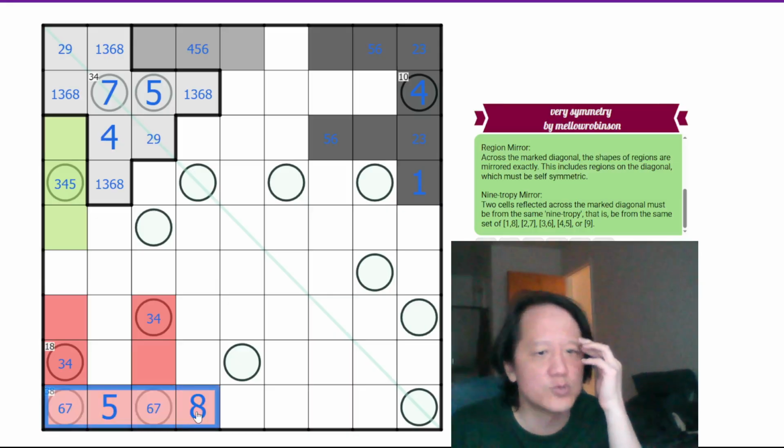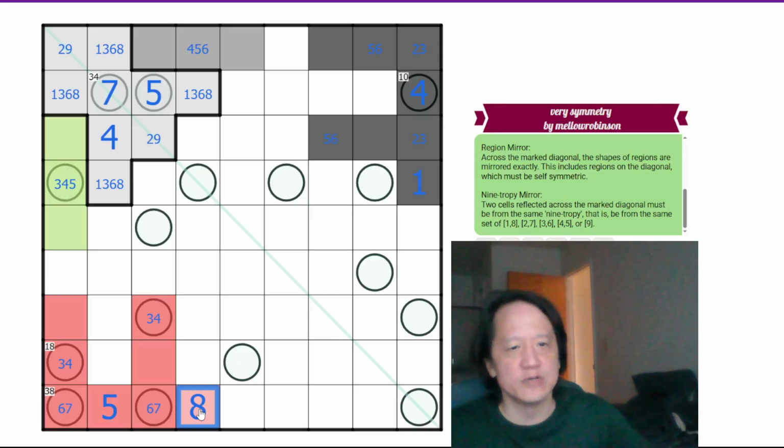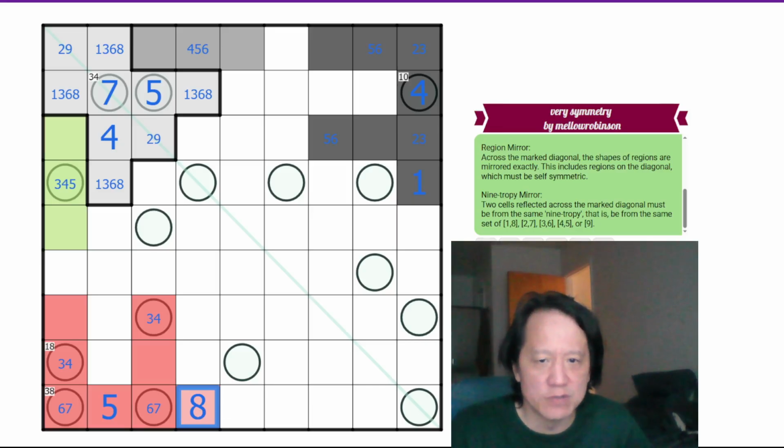No, it adds up to 26. Okay. Yeah, I was hoping this would lead to a contradiction, but it's not. Might be the actual solution.